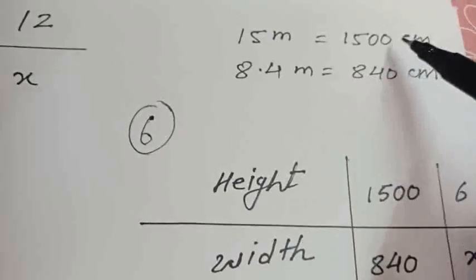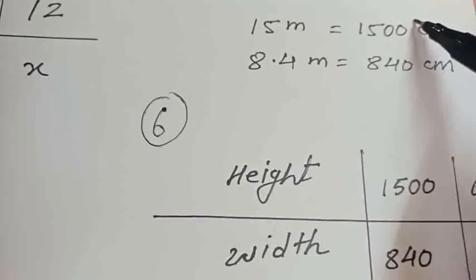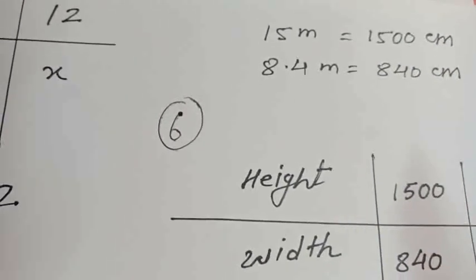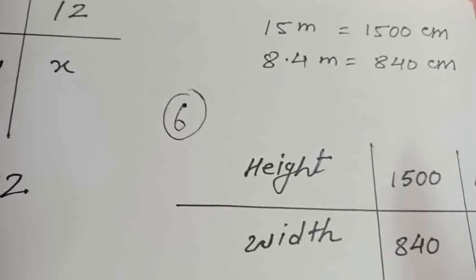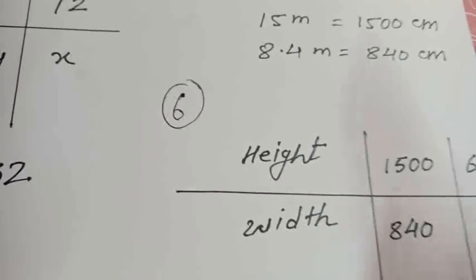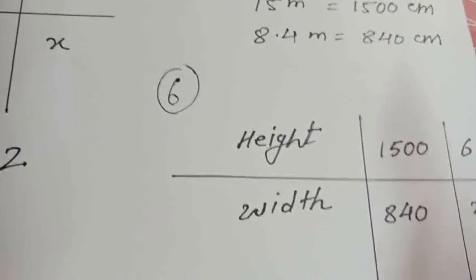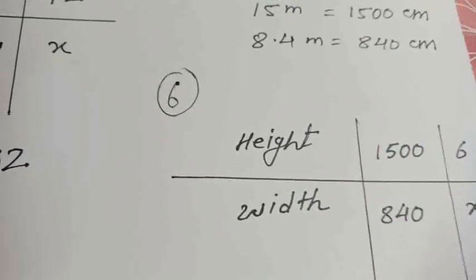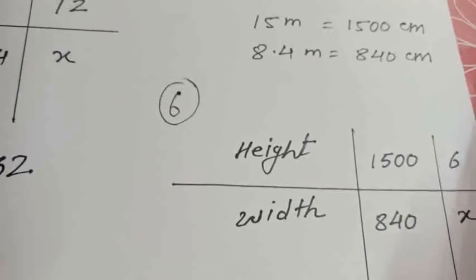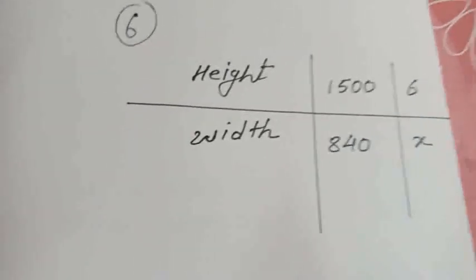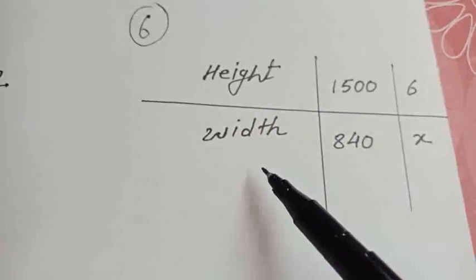So what is this? This is the height of the actual building and this is the width of the actual building. One more thing given in the question is the model of the building is 6 centimeter high. It means height of the model is given 6 centimeter. So we have to find out the breadth or the width of the model. So 2 things are given in the question, height and width.